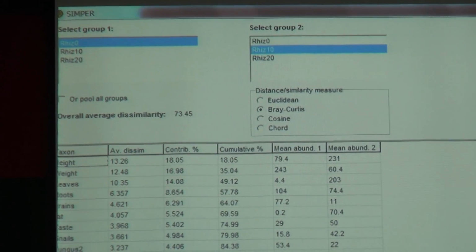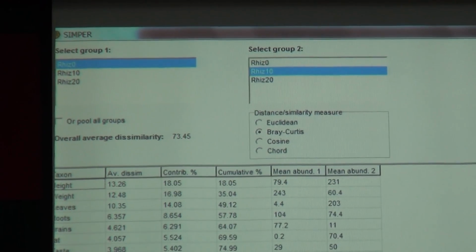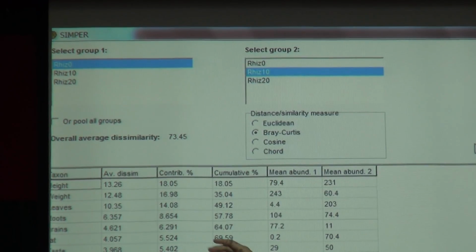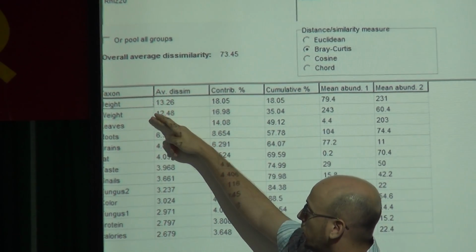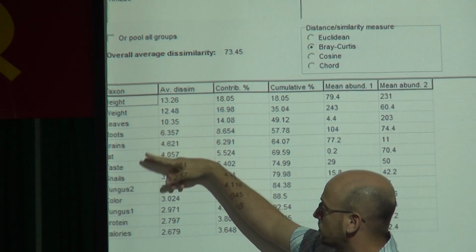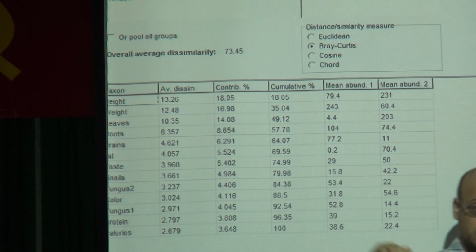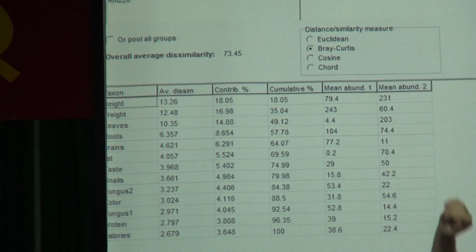And what we get here is a table of all of the things that we measured: height, weight, number of leaves, roots, so forth, all of them.